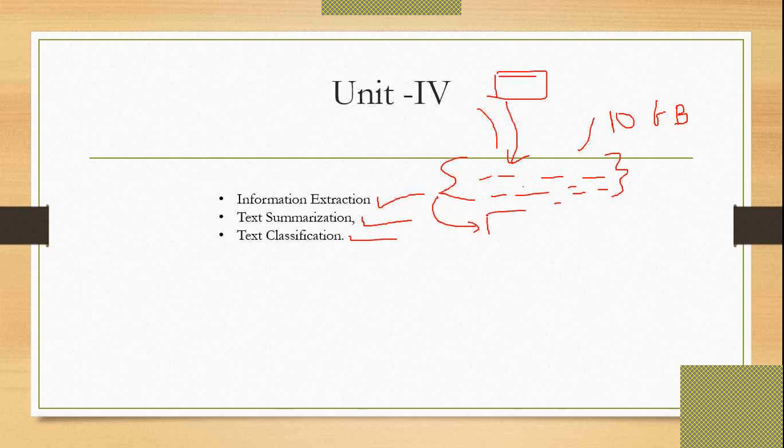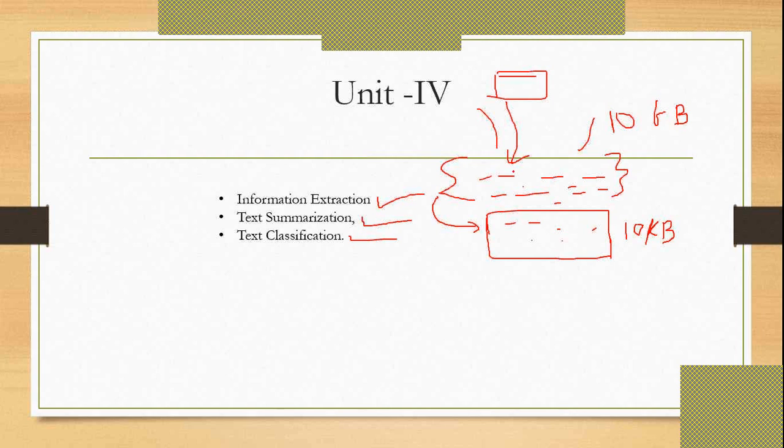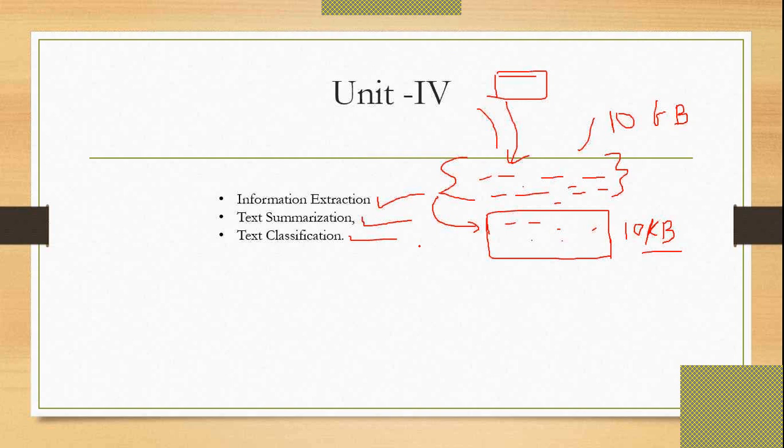In summarization, you just summarize that this data belongs to banking, so it may be near about 10 KB of data. So after summarizing, the 10 GB of data becomes 10 KB of data. Now the next task is to classify that data.